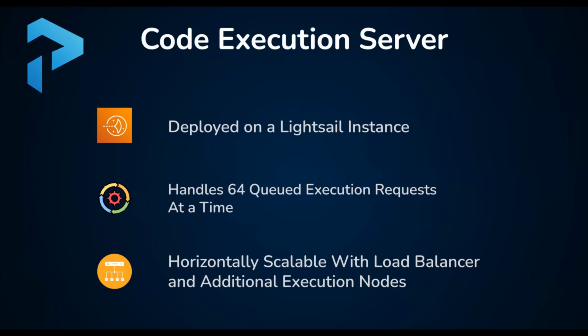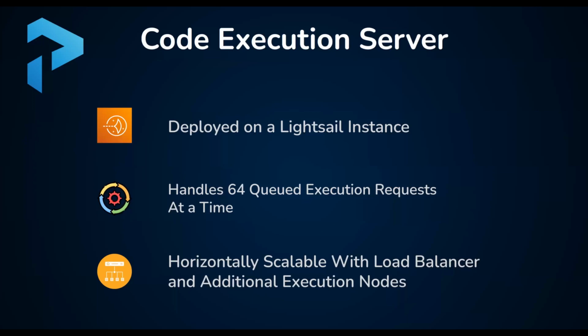Currently, we have Piston set to handle 64 request processes concurrently, with each request having a maximum runtime of 3 seconds on the server. This means that within any 3-second period, we can handle up to 64 concurrent requests.